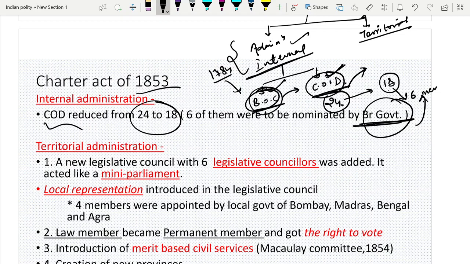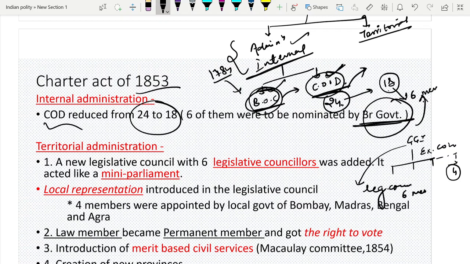All right, now we'll see the territorial affairs, how they were getting controlled. First, there was an Executive Council, as we saw in the Act of 1833. There were 3 members, and the 4th member was not permanent, but was there at the time of expert advice, and this was under the GGI. Now one more council was created under him, and that was the Legislative Council, with 6 members.